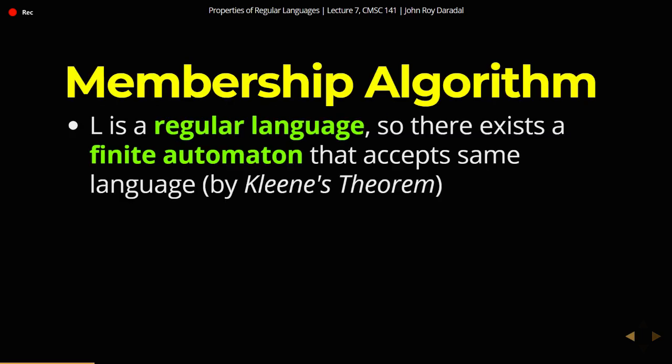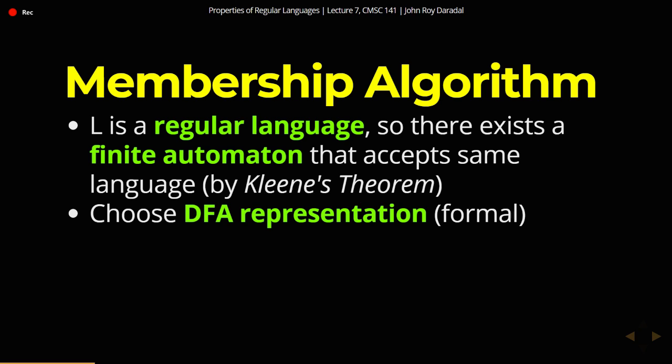Okay. So for the membership algorithm, it's straightforward. So we know that L, the given L, is a regular language. So we know that there exists a finite automaton that accepts the same language by Kleene's theorem. So remember that Kleene's theorem tells us that all regular languages have a finite automaton, and if it's a finite automaton, there is a regular language. It is a regular language, right?